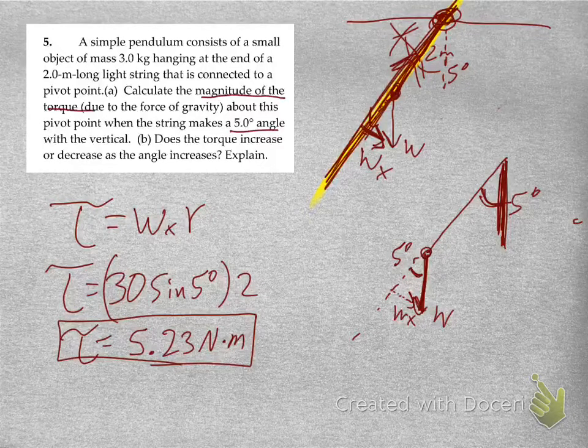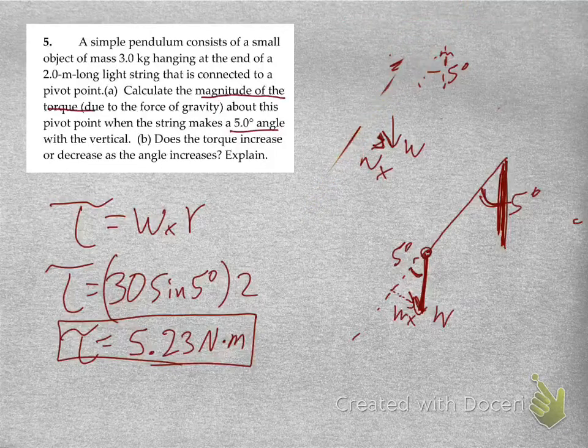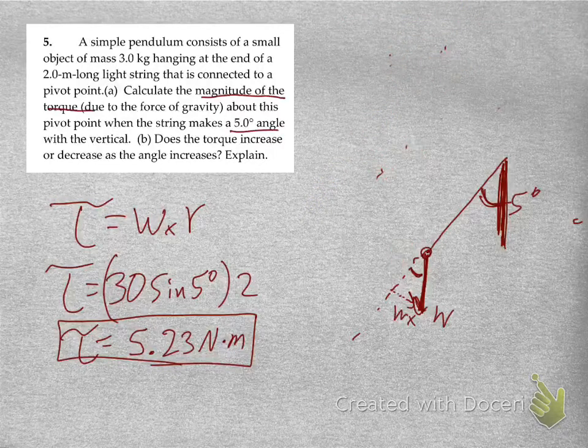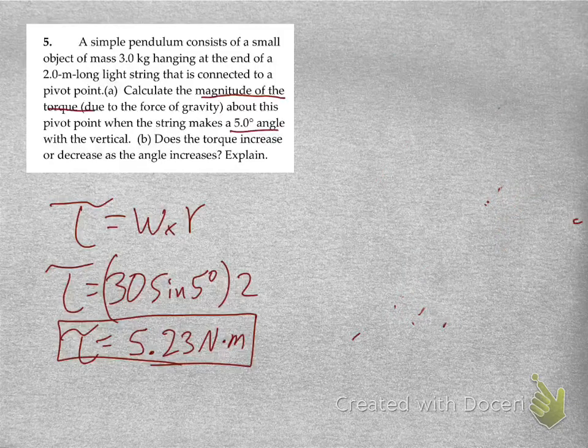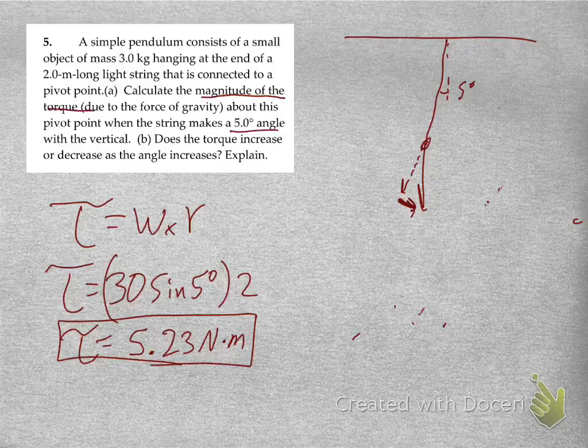Now, part B says, does the torque increase or decrease as the angle increases? Well, if we were to draw this again, if this is our 5 degrees from the vertical and this is our weight again, we only have this small little component that's perpendicular to it.